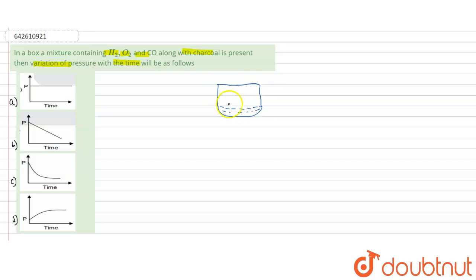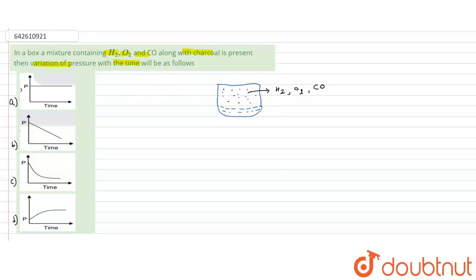In this box we have a gas mixture, and in this mixture we have H2, oxygen O2, and carbon monoxide, that is CO. So initially the pressure is very high.